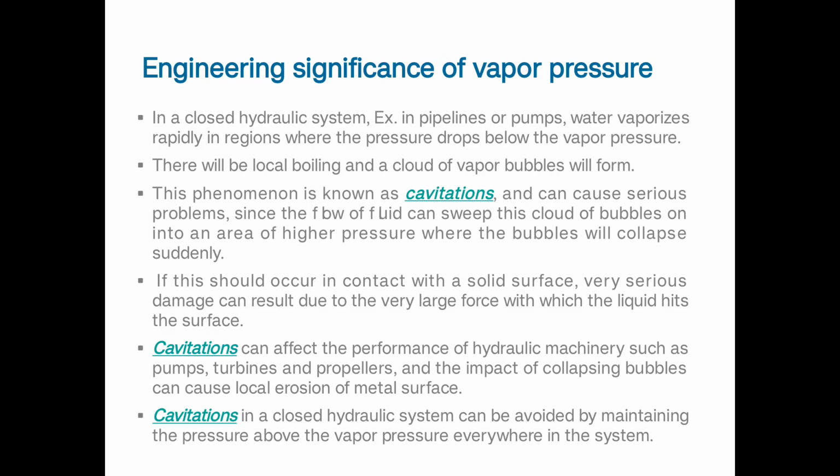It causes local erosion on the metallic parts. Sometimes it may create a crack, or sometimes it may make the vane or the blade break. So in hydraulic systems where the fluid is being continuously handled, we must avoid this cavitation.